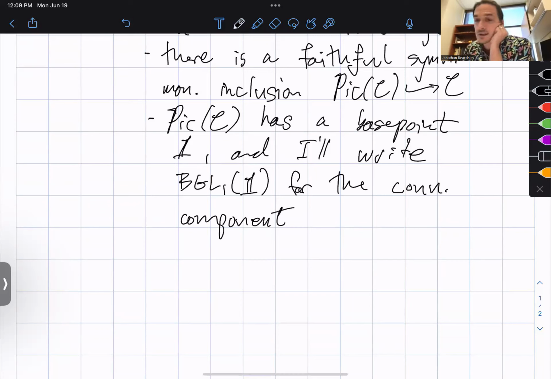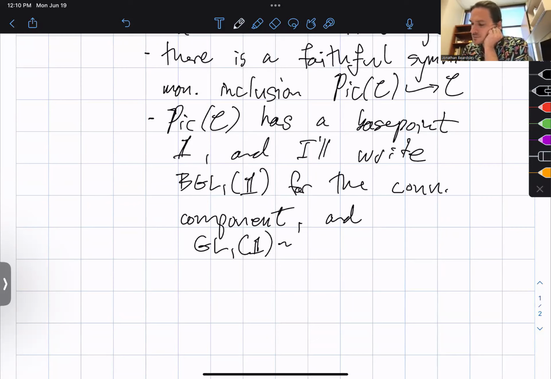It has a canonical base point as an E infinity space, as a unit. And GL1 will be loops, not surprisingly, on that infinite loop space.